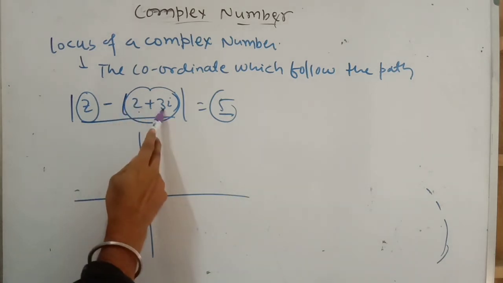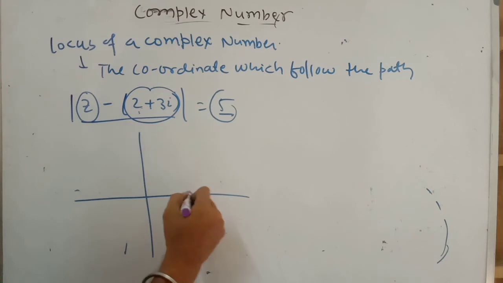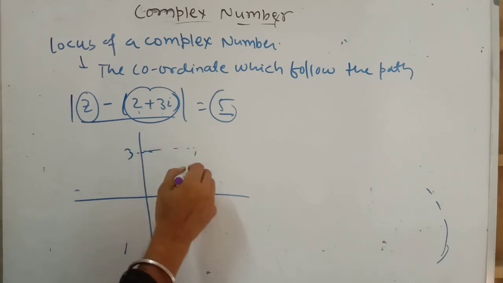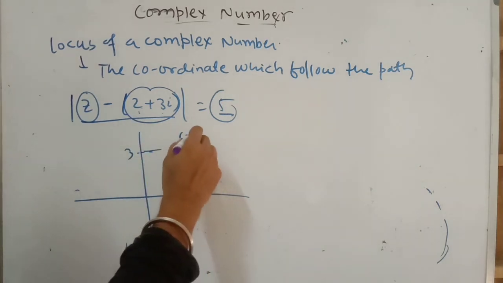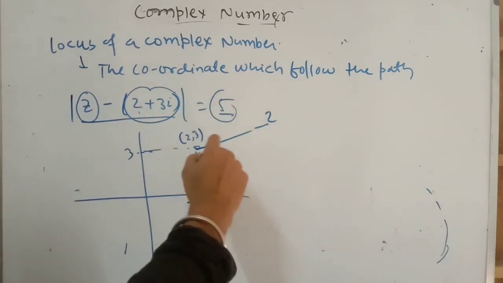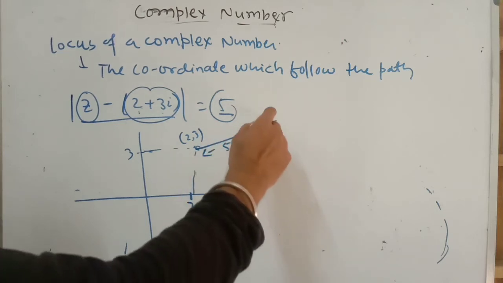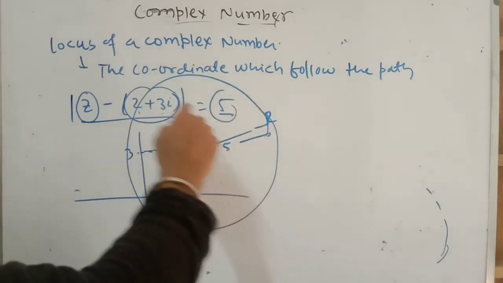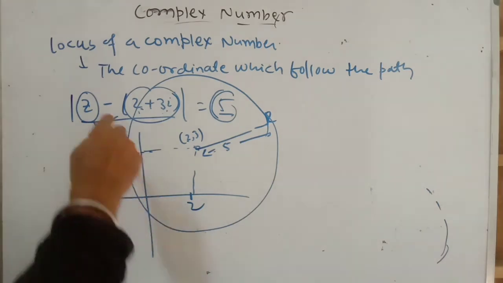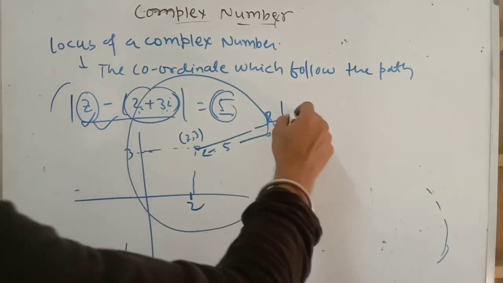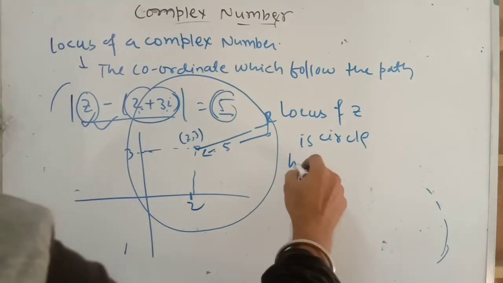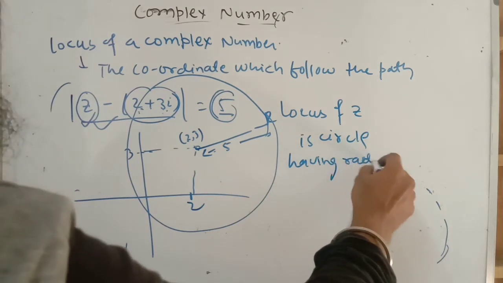Where is 2 plus 3i? 2 is the real part and 3 is the imaginary part, so the point is (2, 3). Let z be here; the distance from here to here is 5. Draw the circle. So it is a circle equation having center (2, 3) and radius 5. So this is the locus of z. The locus of z here is a circle having radius 5.